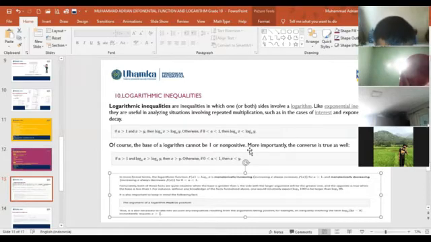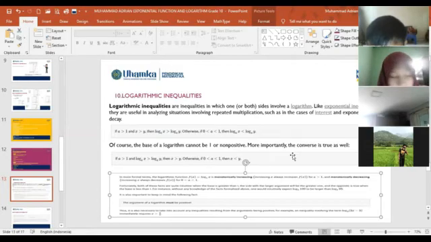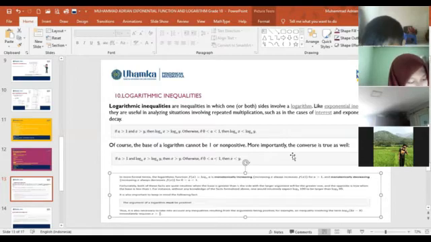For instance, without any knowledge of the facts formalized above, one would intuitively expect log 2 of 100 to be larger than log 2 of 95.